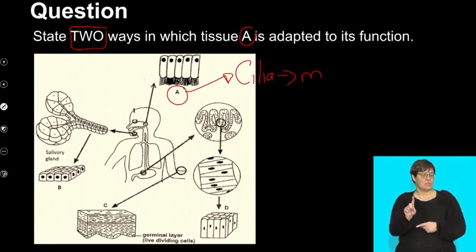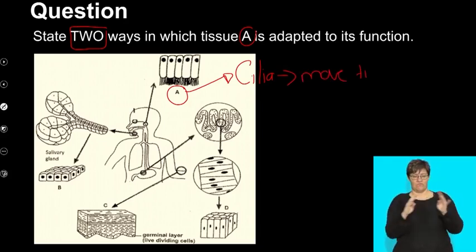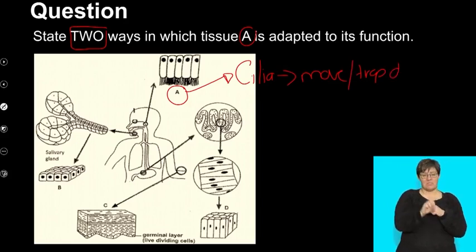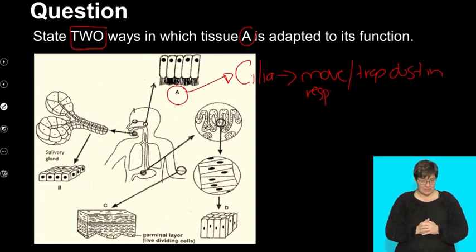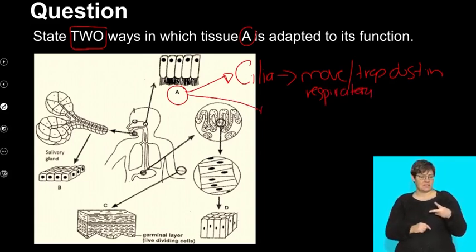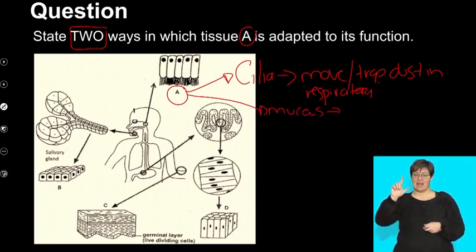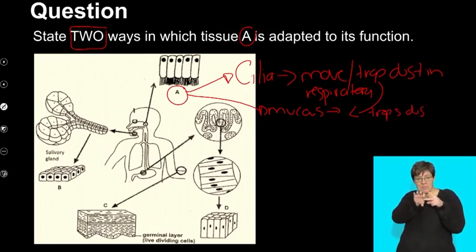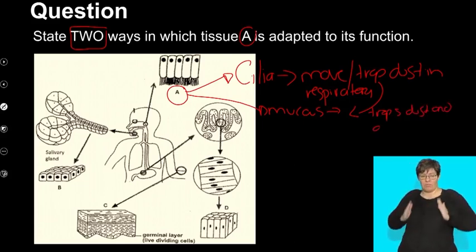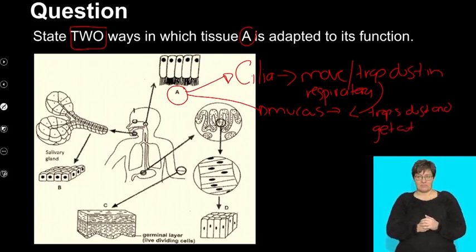They can move or trap dust in the respiratory system. And what else does it have? It has mucus glands. And what does the mucus glands do? It also traps dust and gets it out of the body.